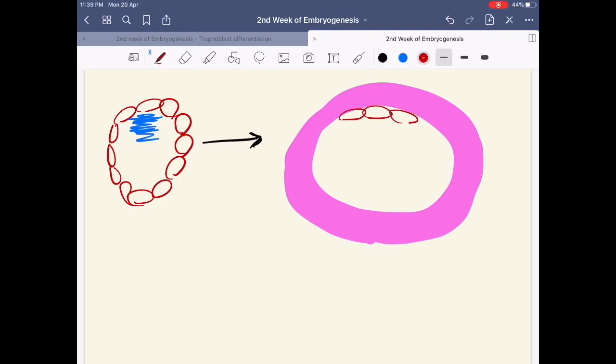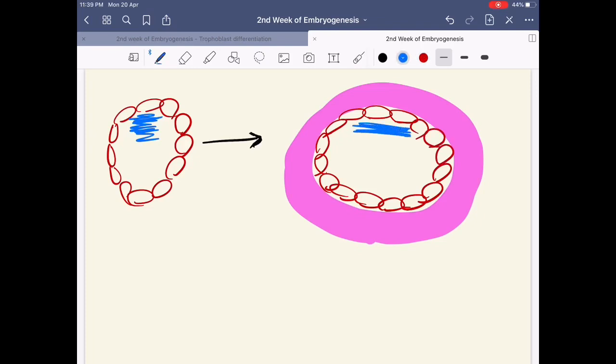Now what has happened? Why have I drawn a sheath-like covering around these cells? We'll discuss that shortly. This is the inner cell mass. I'm not going to explain the changes that are going to happen to this inner cell mass in this video, as we've already seen that in the previous video.